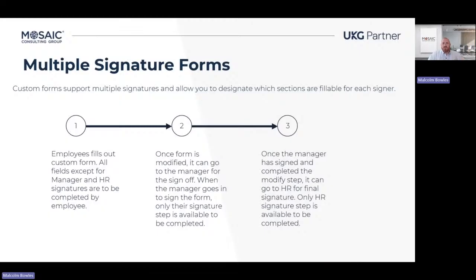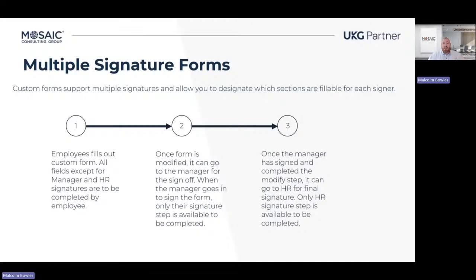So these custom forms support multiple signatures and allow you to designate which sections are fillable for each signer. Employees will fill out the custom form, all fields except for the manager and HR signatures, or whatever fields that HR and manager might need to do. But that employee completes their section.